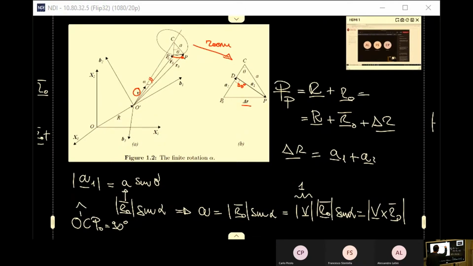So now we have A1, which is something orthogonal to CP0. You see, it's like this. A2 is something which has the direction of the radius, so it's P0C. But it's not parallel to R0 over bar. Okay? Is this what you were asking?